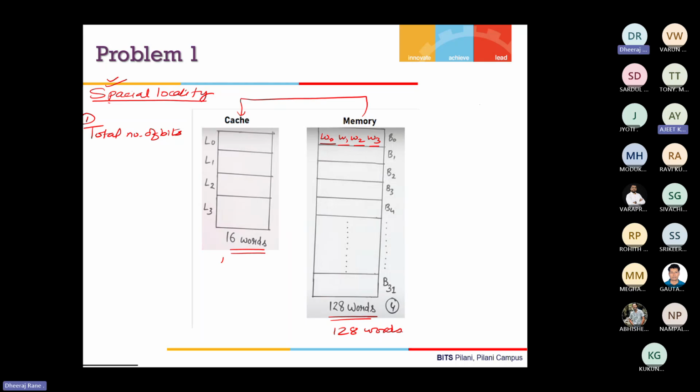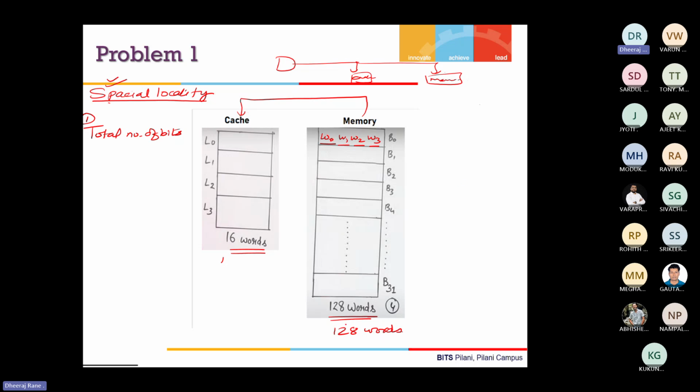But ultimately, we need to set the tags as well, Ajit. So rather than cache, we have to start with memory. Recall that the processor will be generating the address that will be accessed, meaning both cache as well as your main memory needs to be accessed.